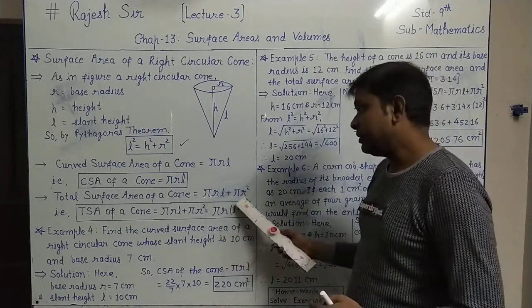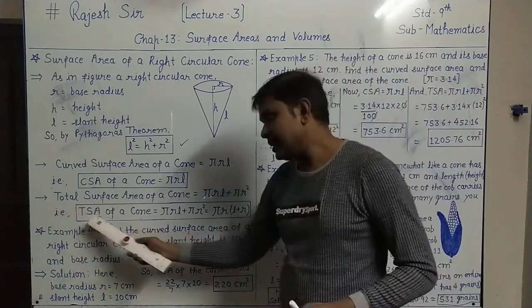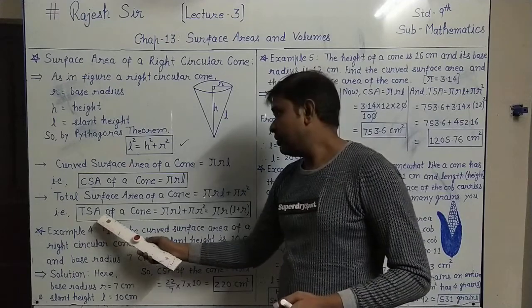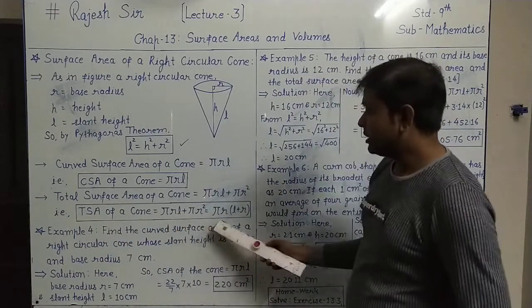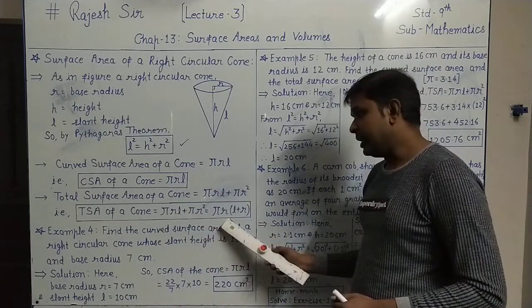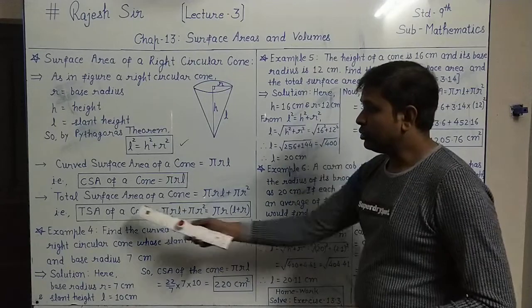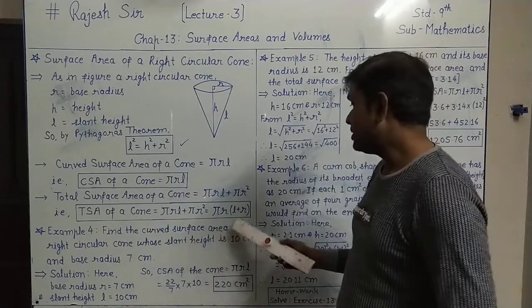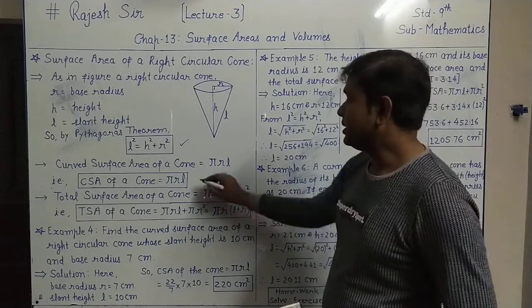So that is added here. In short, the TSA of a cone is pi rL plus pi r square. We can make it simple by taking pi r common, so the remaining is L plus r in brackets. So TSA of cone we have to remember as pi r into L plus r, and CSA is pi rL.